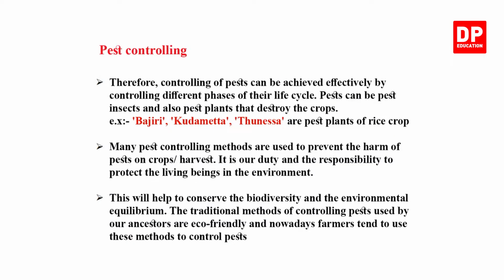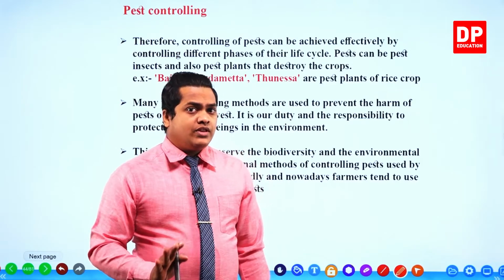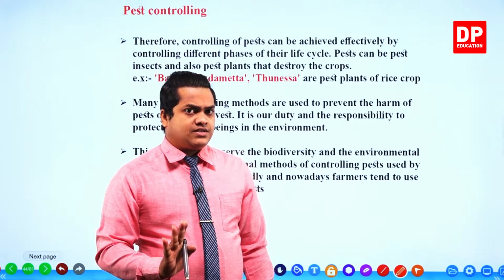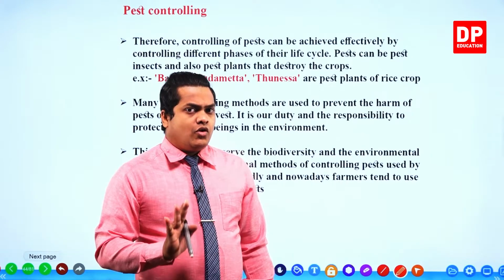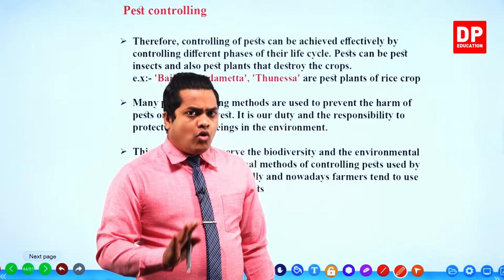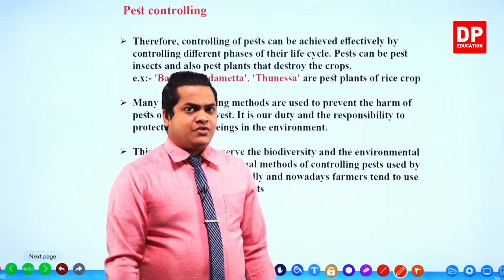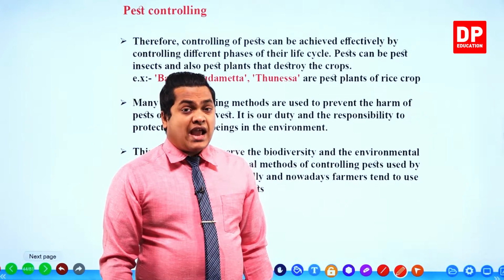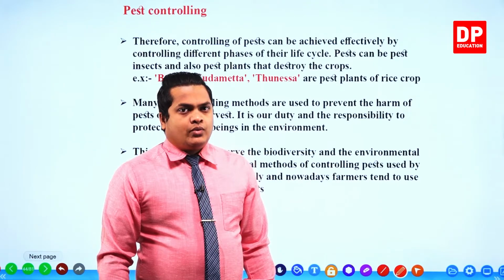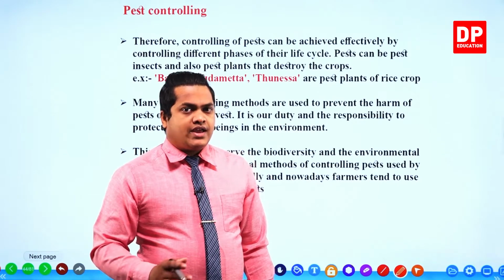Therefore, controlling pests can be achieved effectively by controlling different phases of their life cycle. Pests can be pest insects and also pest plants that destroy the crops. My dear children, in earlier cases we discussed only the organisms, especially the animals, that harm agriculture.